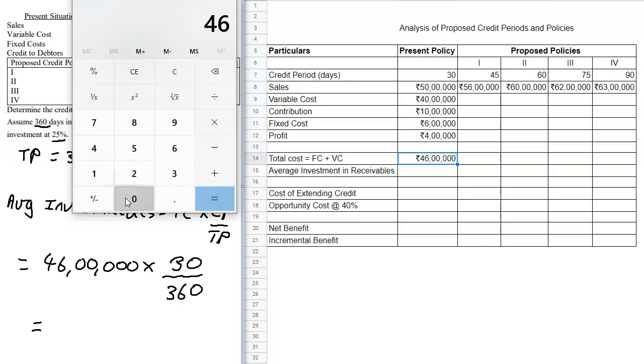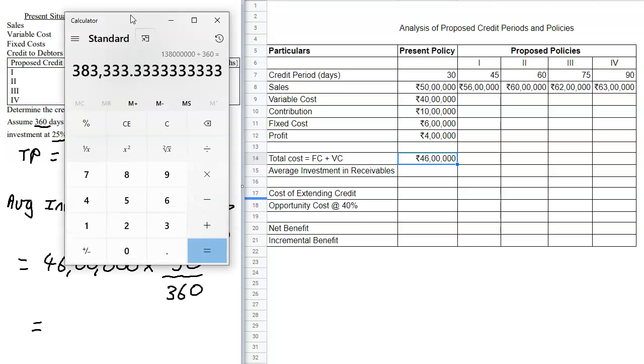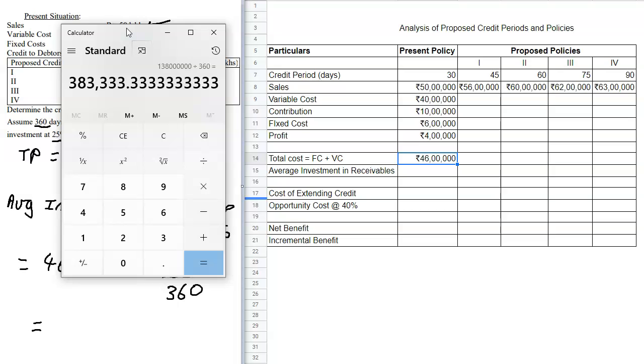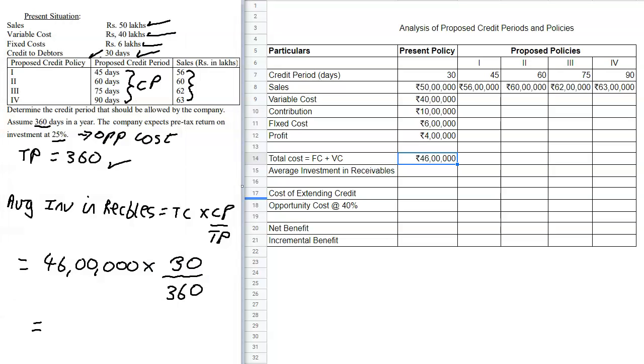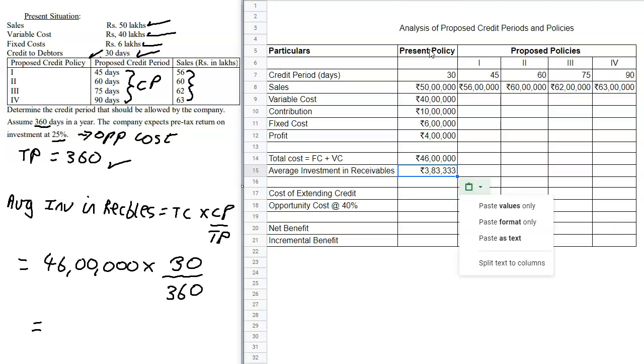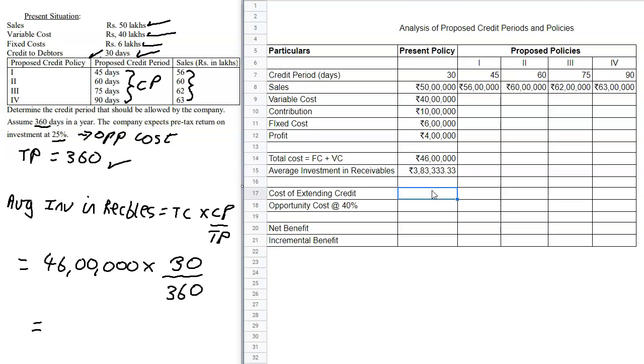We have 46 lakhs into 30 upon 360, which gives us 3,83,333.33, and I am going to put that number here. Maybe we can write it up to 2 decimal places. I think that should work. So everybody over here, we'll keep them up to 2 decimal places.